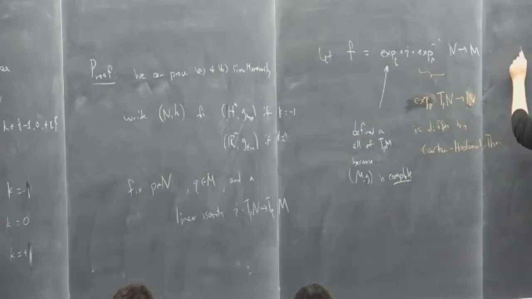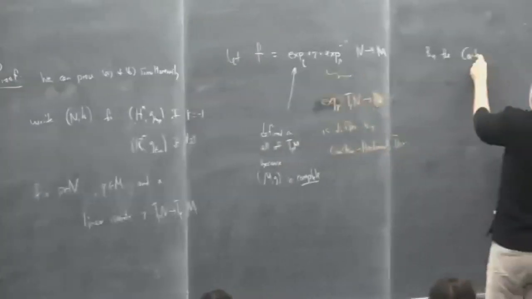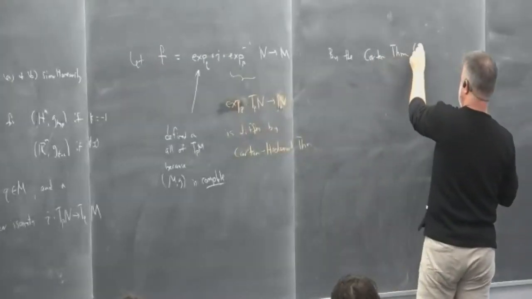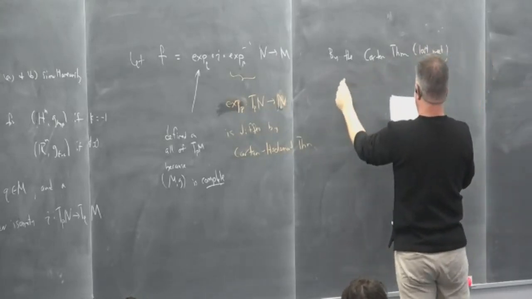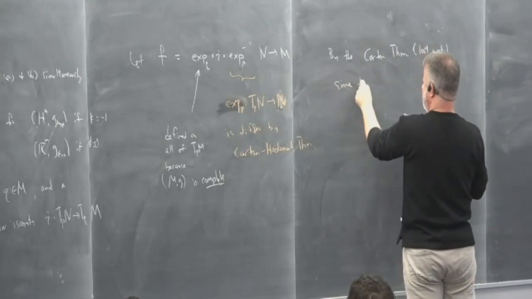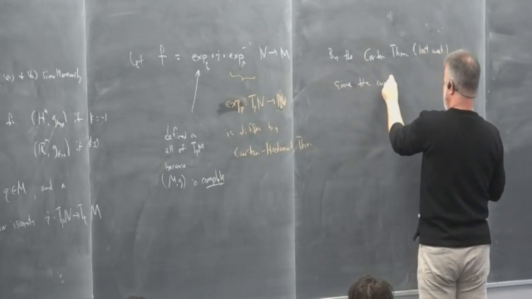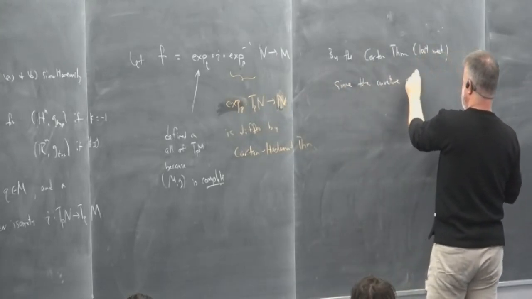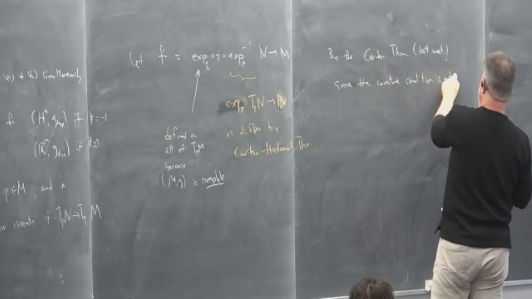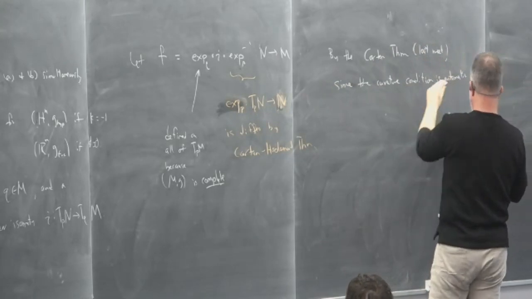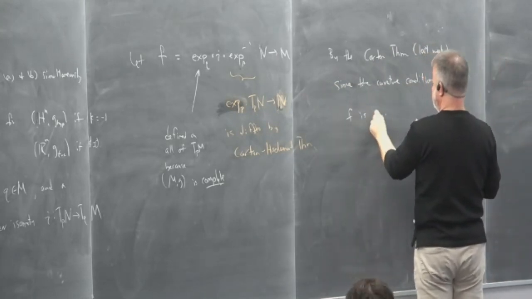Okay, my assumption is that M is complete. So by the Cartan theorem, not the Cartan-Hadamard theorem, but by the Cartan theorem from last week, since the curvature condition is automatic, F is a local isometry.